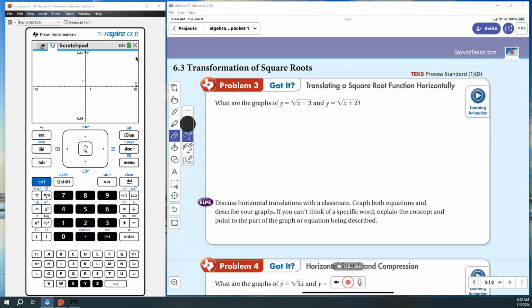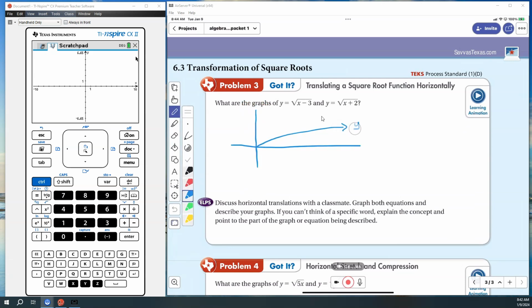What are the graphs of y equals square root of x minus 3 and y equals square root of x plus 2? So I have my graph here, and here is the parent function, y equals square root of x. The plus 2 is going to move it to the left 2 units, y equals square root of x plus 2.